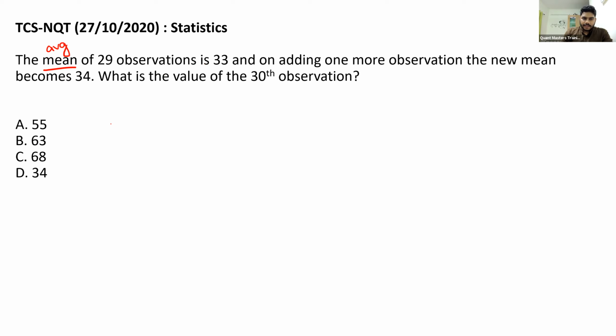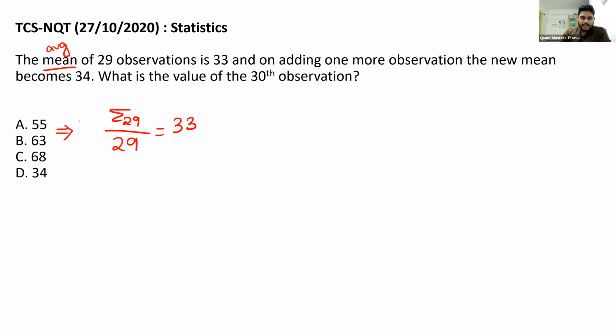So they are telling the average of 29 observations. They have given us 33. So you tell me, sum of 29 observations will be how much, sir? Now, whatever method that I am solving, this is how 99% of people solve. Okay, see how they solve.